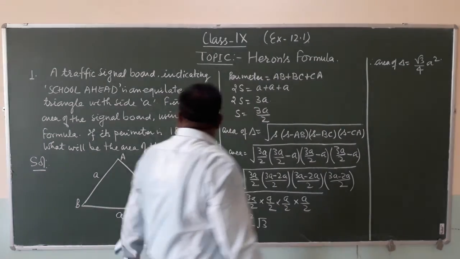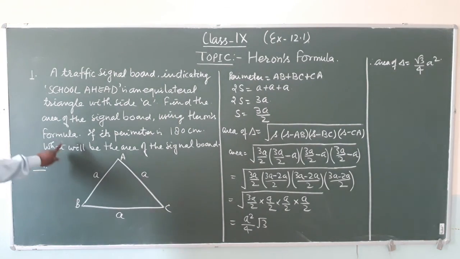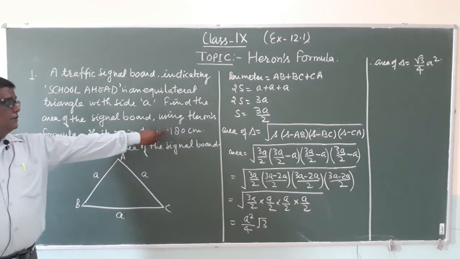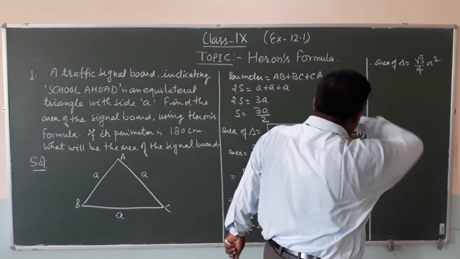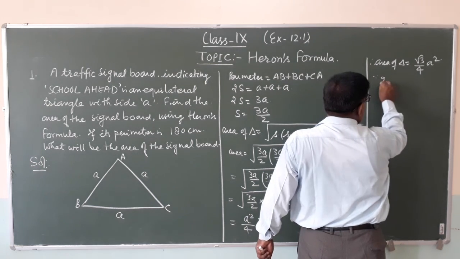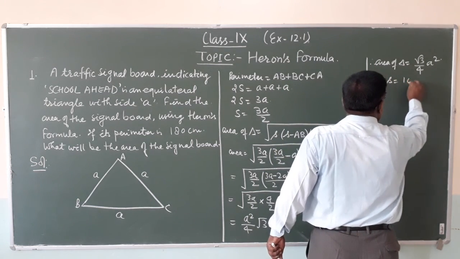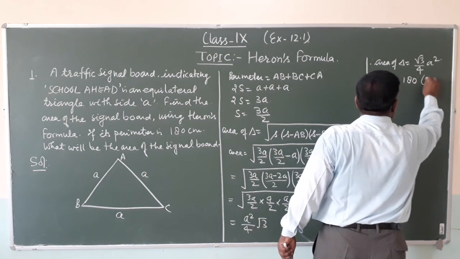But now in this case, the perimeter is 180 centimeter. The perimeter is 2S, and 2S is equal to 180 as given.